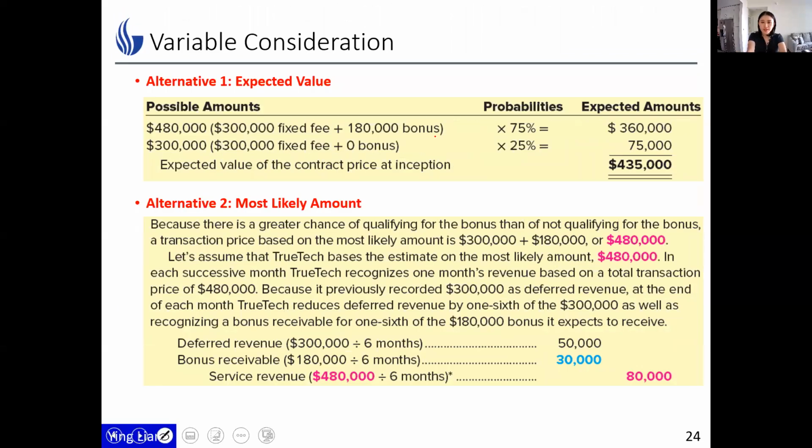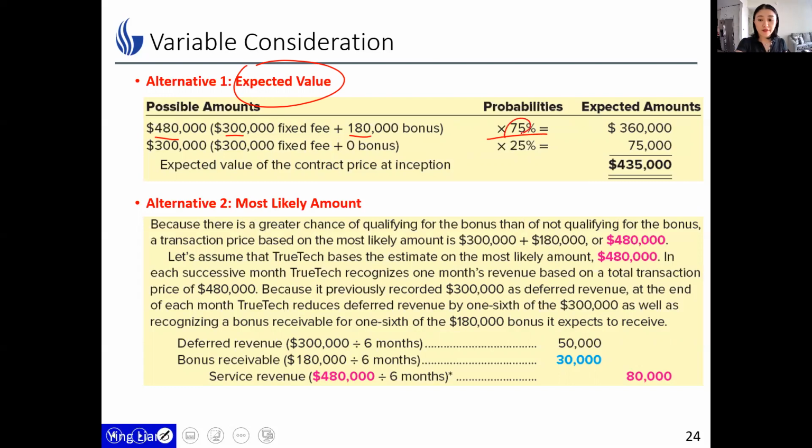Now let's get down to the bonuses. There are actually 2 alternatives that TrueTech can use with this $180,000 bonus. Number one is to do a weighted average, which we call the expected value. I know there is a 75% chance I get a total amount of 480, which is the fixed fee of 300 plus the bonus. Multiplied by 75%, that gives an expected amount of 360.